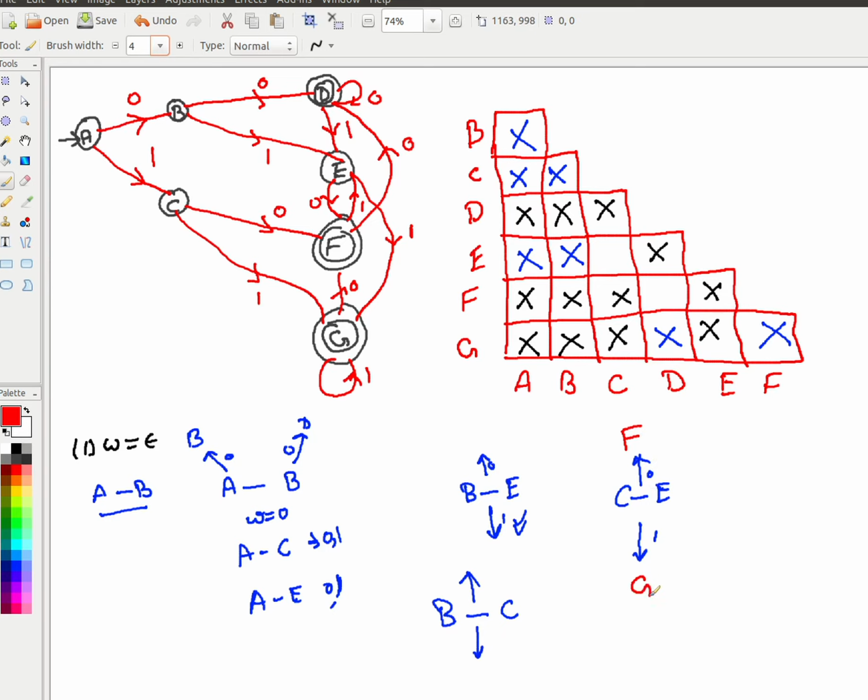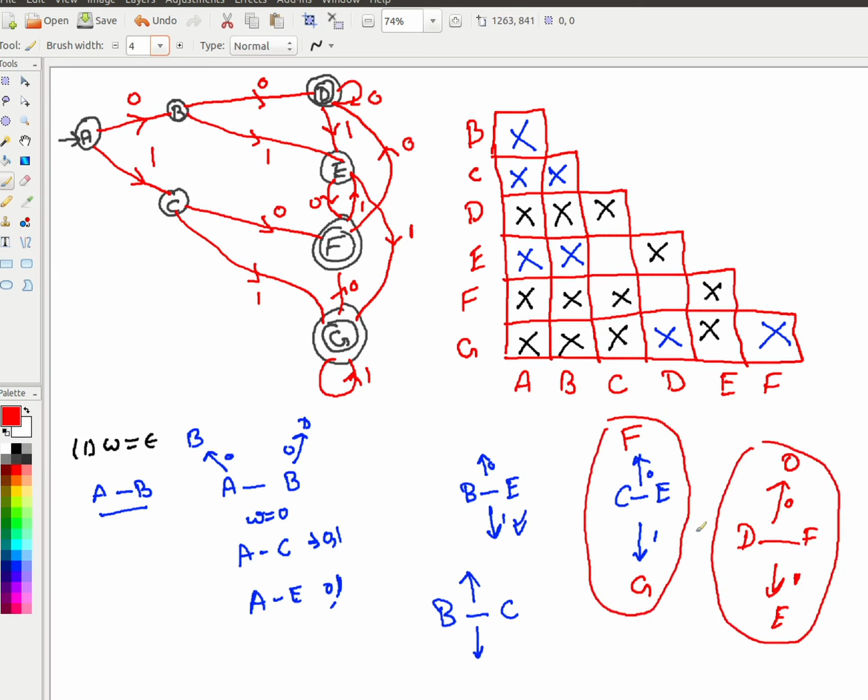Both go to G. And the other pair is F and D. So D and F at 0, both of them go to D. At 1, both of them go to E. And because there is no change to this, still we cannot say even in the third iteration.